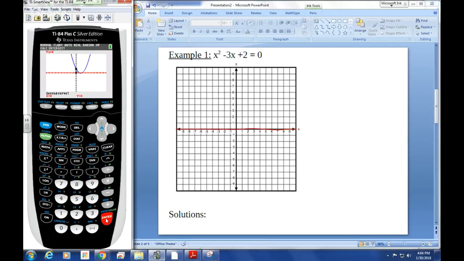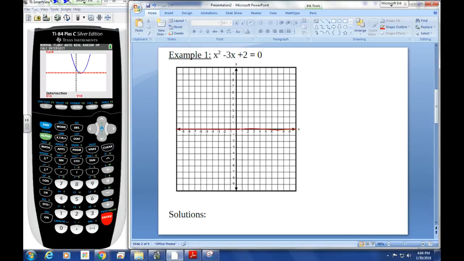Here you're on the second line, enter. It's going to ask you to guess, but you can just press enter. It tells you that it intersects at x equals 1, right here.